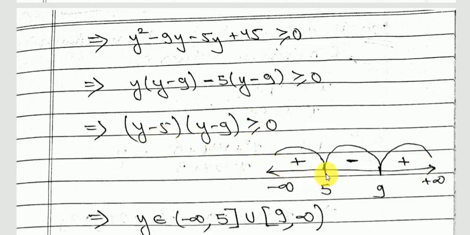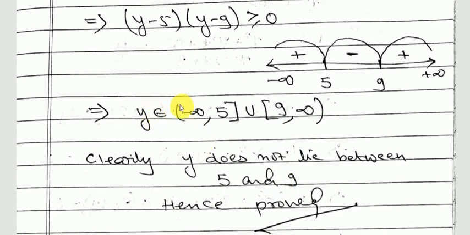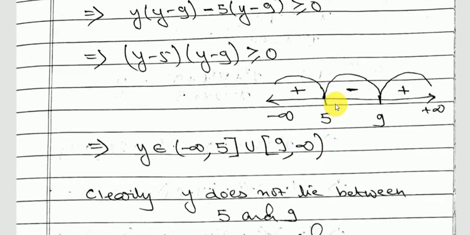For anything less than or equal to 5, because the equal to sign is also there, and for anything equal to 9 or more than 9. So here y will be in this interval: minus infinity comma 5, with a square bracket because 5 is included, union, 9 in a square bracket, comma infinity.